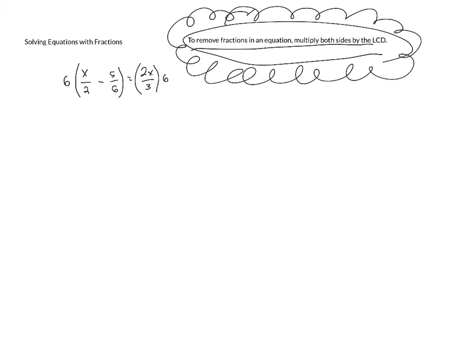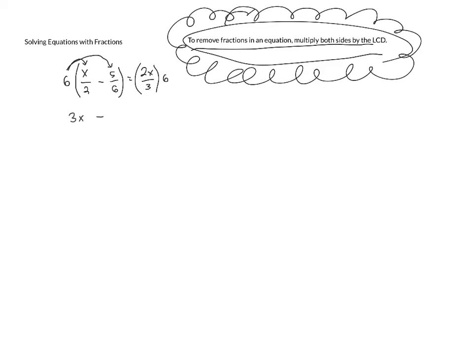All right, now we're going to need to distribute that 6 on the left. When we multiply a whole number into a fraction, we multiply it into the numerator and then divide by the denominator. So to do this, we're going to take 6 times x and then divide that by 2. 6 times x is 6x, and if we take 6x and divide it by 2, that gives us 3x.